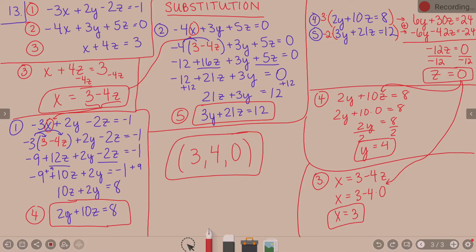The graphing. So numbers 1 and 2. There are equations, and it says solve by graphing. You're putting those equations in what form? Y equals mx plus b, and you are looking for where the equations cross. 3 and 4 say solve the inequalities. So there are less than, greater than signs.